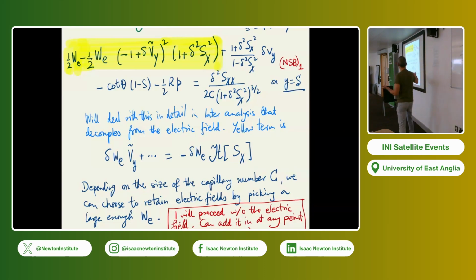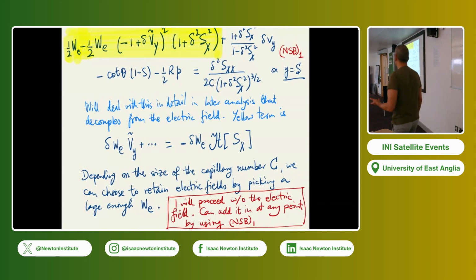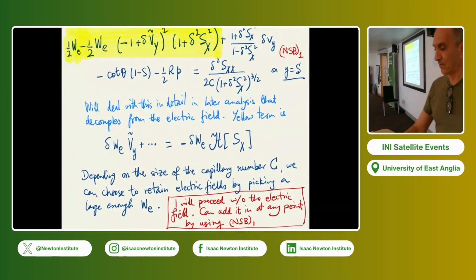So it's quite straightforward, in this particular simple case, to proceed with the fluids problem without the electric field, and then I can just put it back in. But we'll see that as we go along. I think this ran out now, so I need to go here.